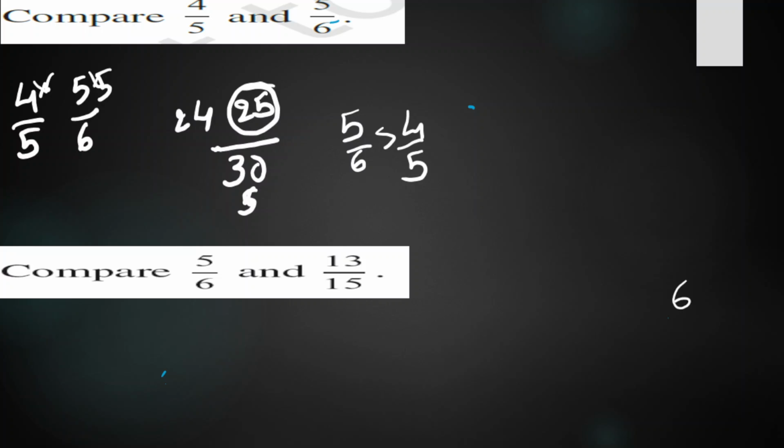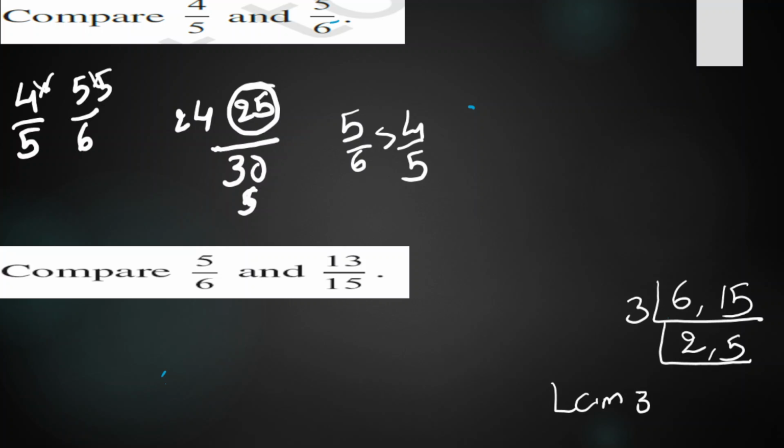Here for 6 and 15, 3 2s are 6 and 3 5s are 15. Here the LCM is 3 into 2 into 5. So the LCM becomes 30.